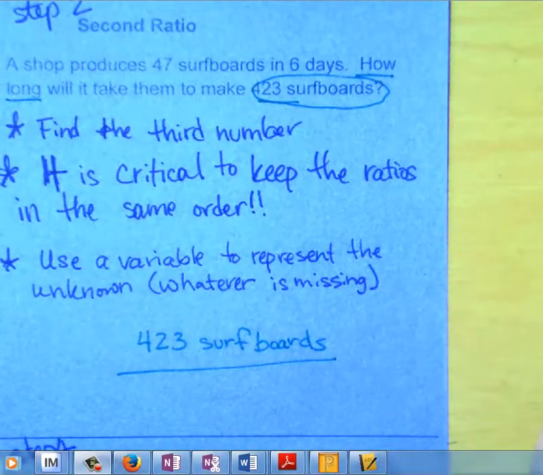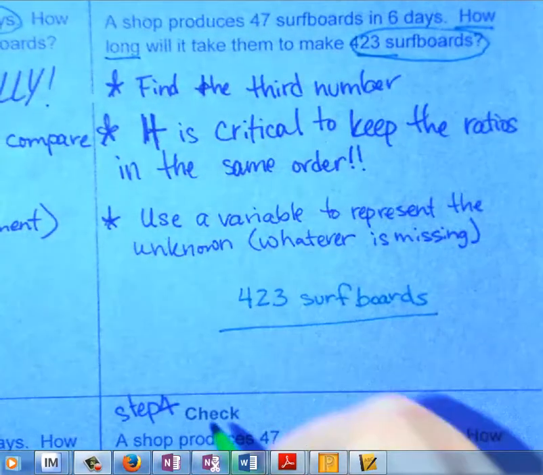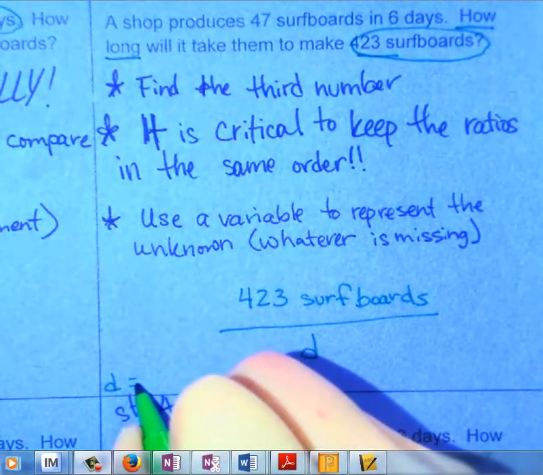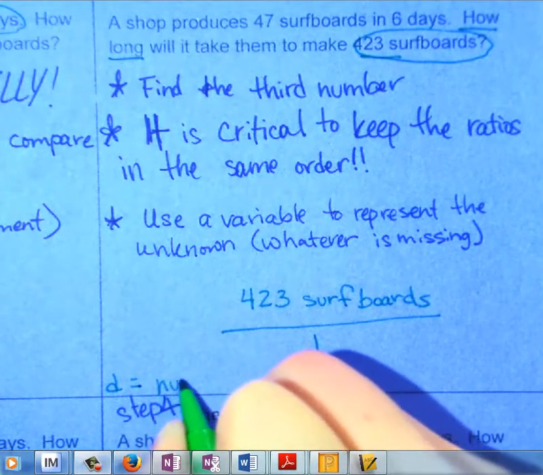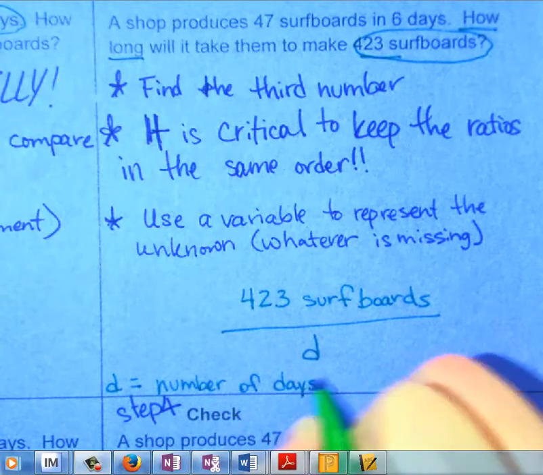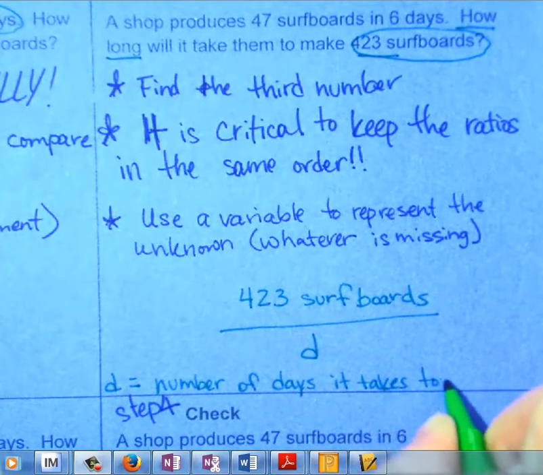I do not know how much time it's going to take, so that's going to be my variable. I was measuring time in days over here, so we're going to say D, and D is equal to the number of days it takes to make 423 surfboards.